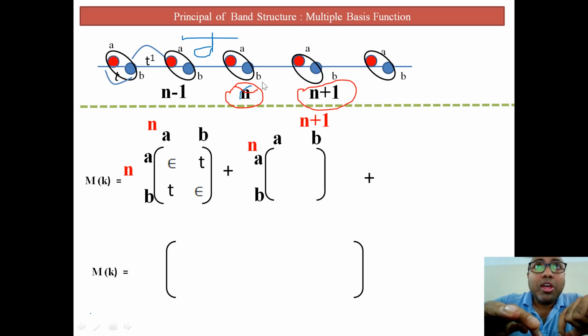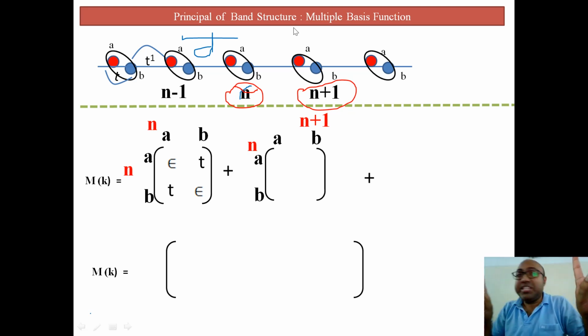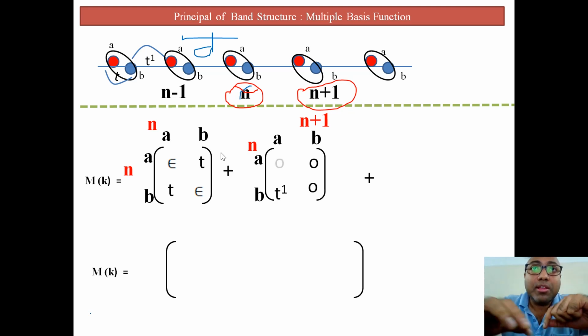Now you see here a and here a are far away from each other, because the two wave functions are far away from each other, so definitely the component is 0, no? If you consider the wave function here, this component is 0. So write 0 over here, all components. Now just look at that AB, nth.